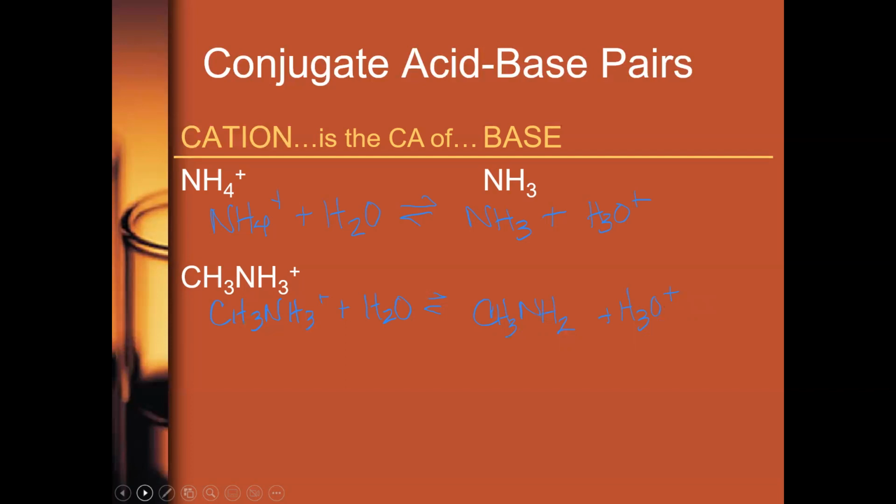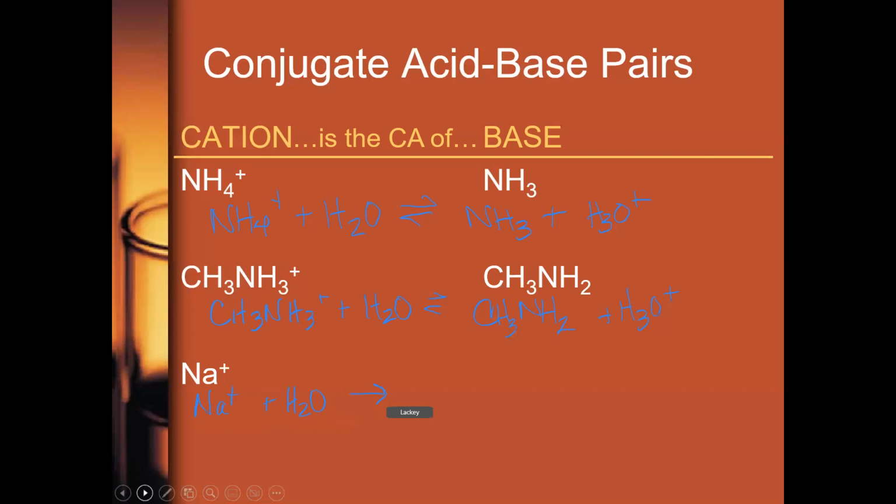Now looking at our salts, where we said our cations can behave as such. Here we have sodium. Sodium cannot release a hydrogen, but whenever it reacts with water, it can make water release that hydrogen.